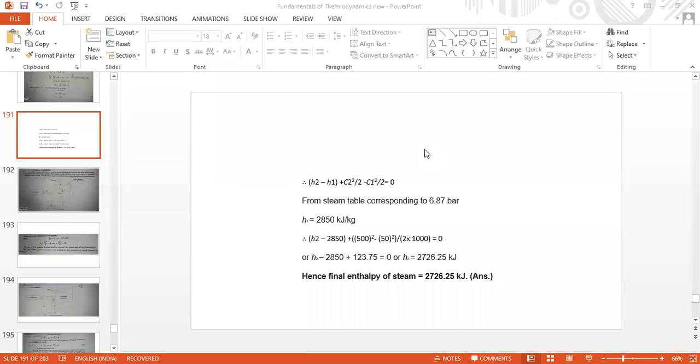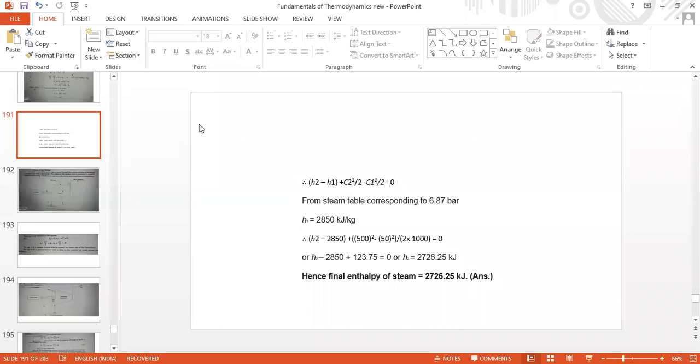That's why I am cross-checking. Here, the notations followed are: C1 is the inlet velocity of steam at entry, and C2 is the outlet velocity of steam.